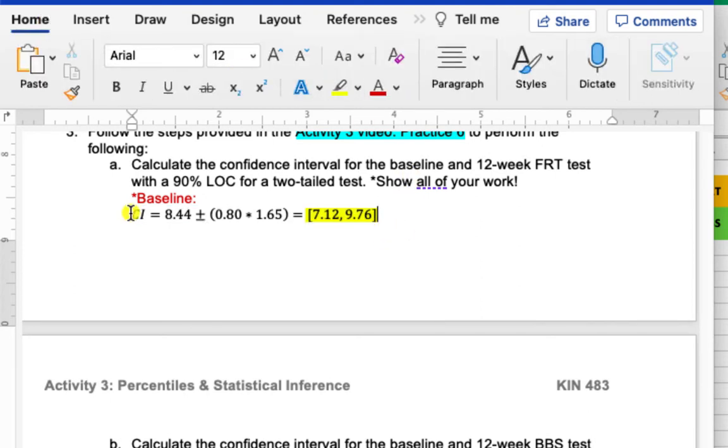And this would be a completely acceptable format for you to earn full credit for your answers. Part B is just related to the other balance tests, so I'll leave that one for you guys to do on your own.